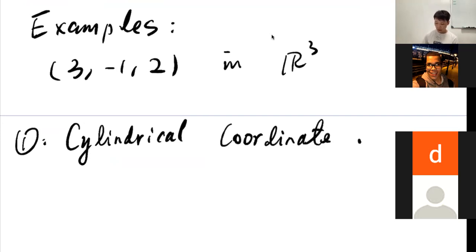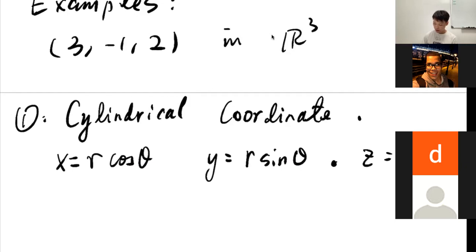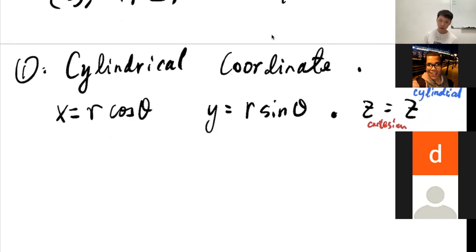Okay. So first, we know that x is equal to r cosine theta. y is equal to r sine theta. And z is equal to z. Well, the z on the left is the Cartesian one, and the z on the right-hand side is the cylindrical one. But these two are the same, so you just copy and paste.